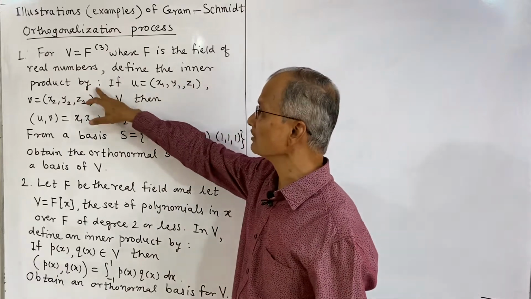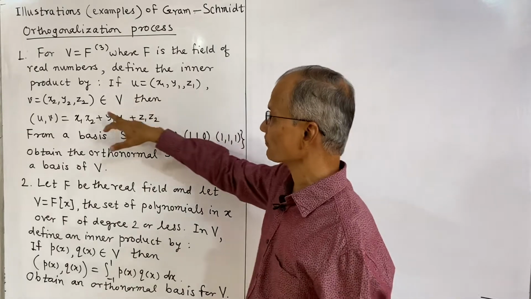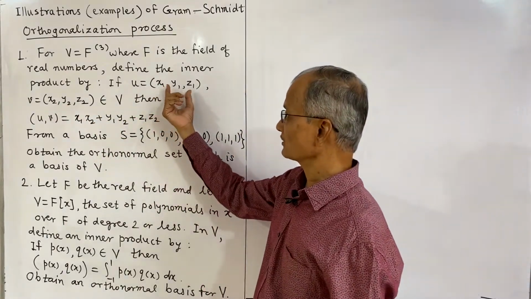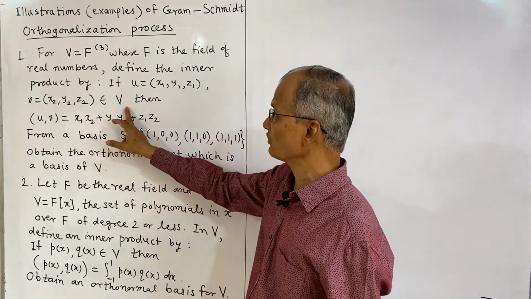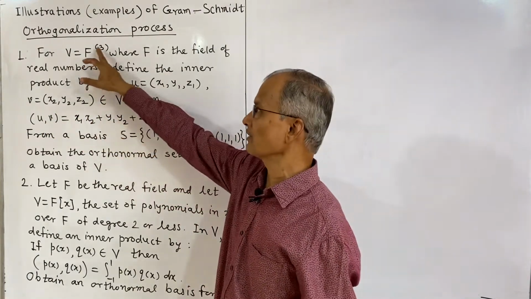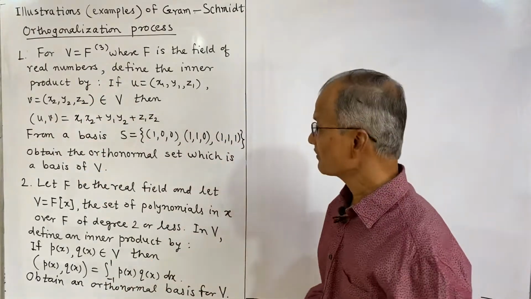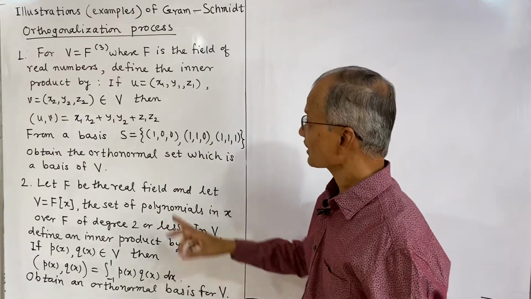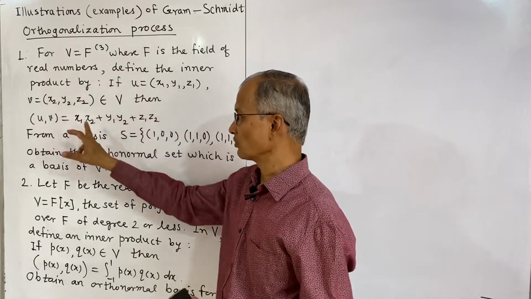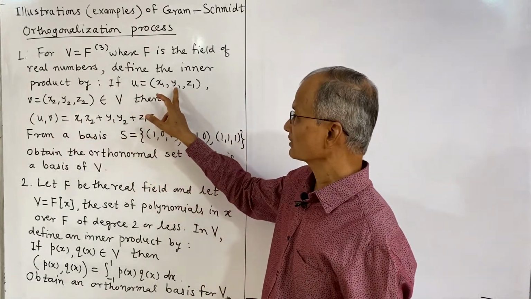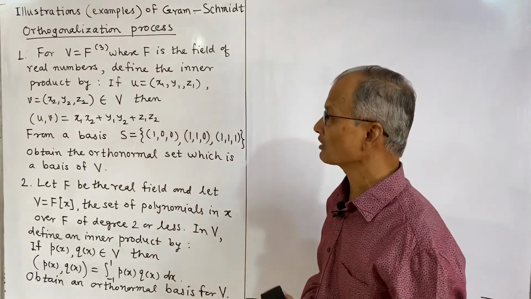Define the inner product in this as follows: if U is x1, y1, z1 and V is x2, y2, z2, having three components and belonging to F3, then the inner product of U and V is defined as x1 into x2 plus y1 into y2 plus z1 into z2. So, that is the inner product defined.